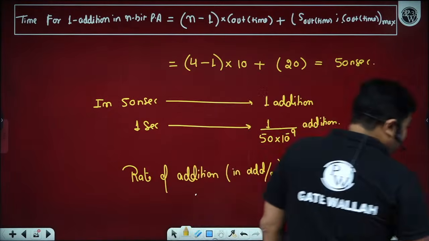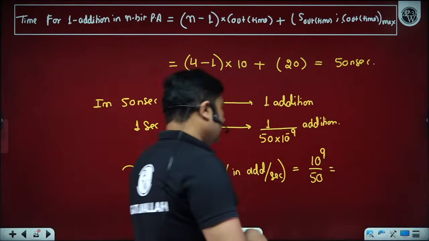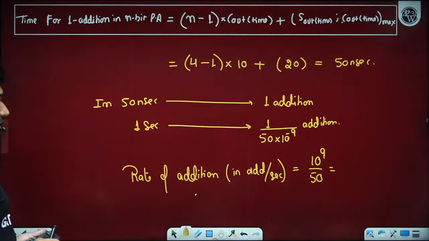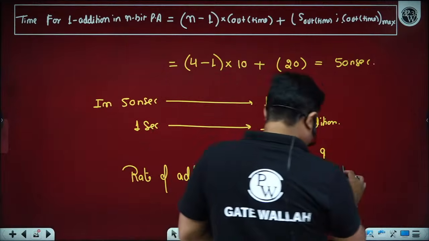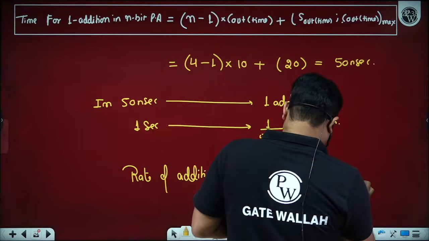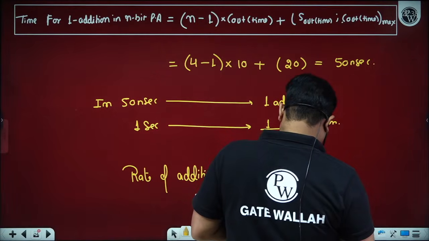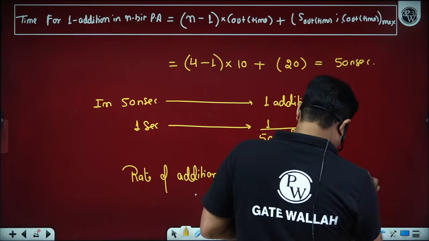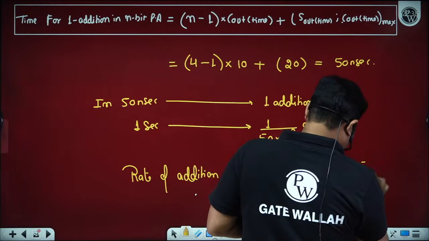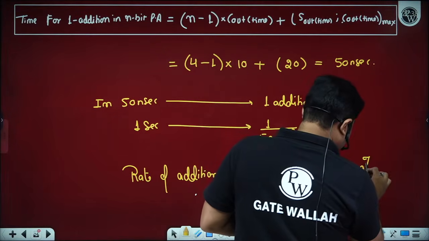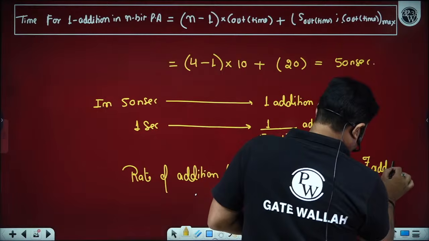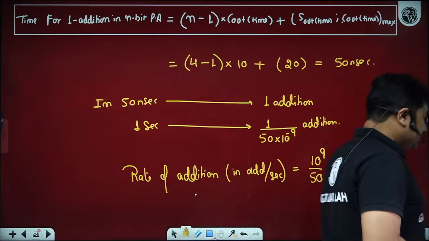So this will be equal to 2 into 10 to the power of 7 additions per second. This is the rate of addition.